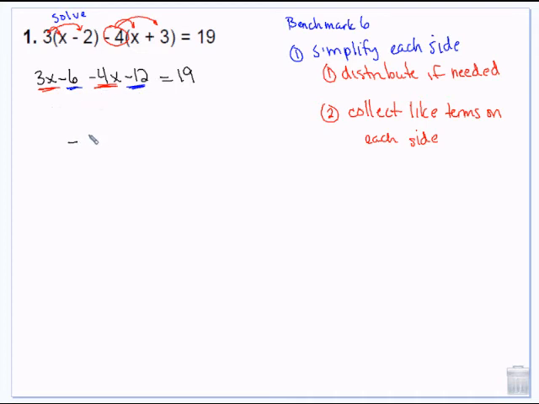So 3x and negative 4x is negative x, right? Negative 1. And then negative 6 plus negative 12 is negative 18. So far okay on those? Okay, and that still equals 19 because I still can't do anything to the 19 because it's by itself. Okay, now I go on. This side is completely simplified. This side is completely simplified. So I'm going to add or subtract.